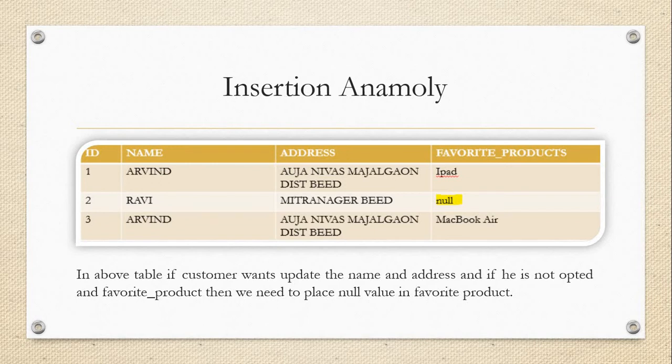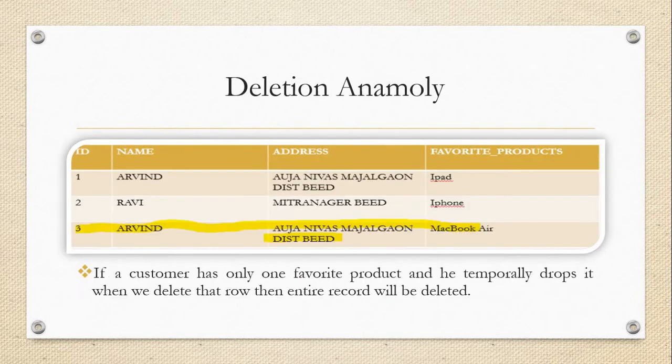Assume the e-commerce website of Flipkart, Amazon. They have lots of users. If we have not listed our favorite product, then how will our favorite product be visible? So like that, it is mandatory that we need to insert. So this is the insertion anomaly problem, updation, insertion, and now I'm going to use a delete anomaly.